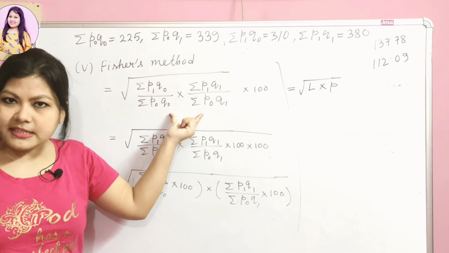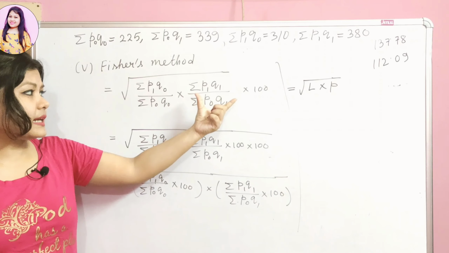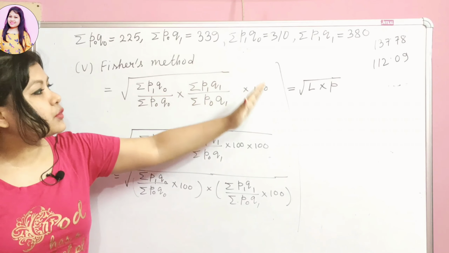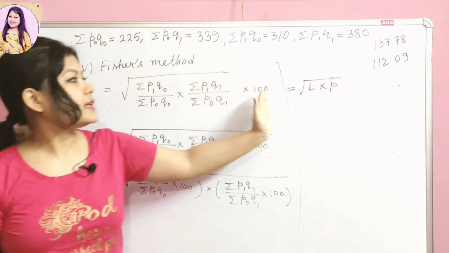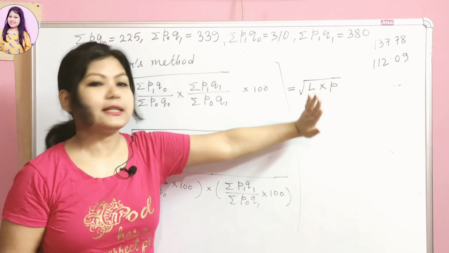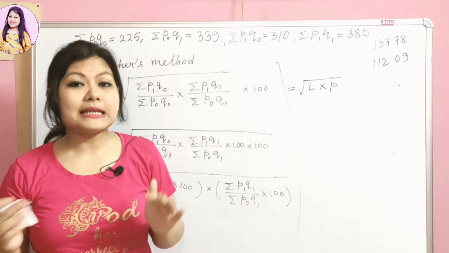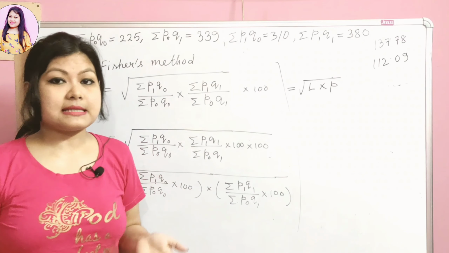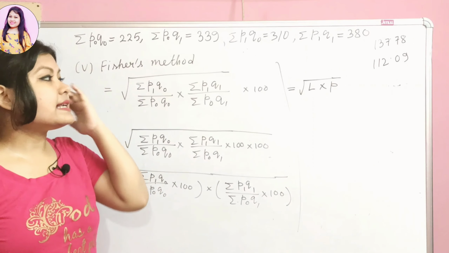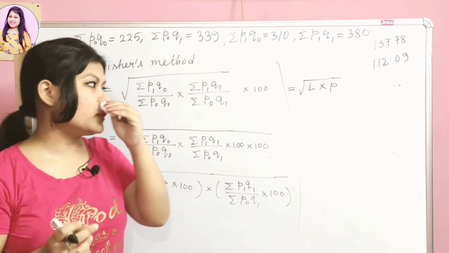If you can remember this formula, it is very good, you can use it. But if you cannot remember it, you can remember it as the square root of L into P. That means you only have to remember Laspeyres' index number and Paasche's index number, then it will be easier for you to remember two formulas.